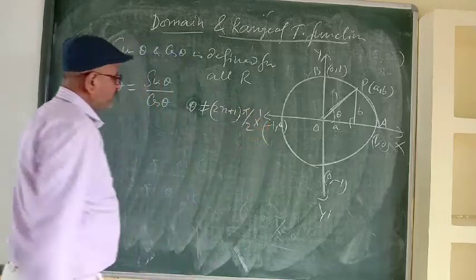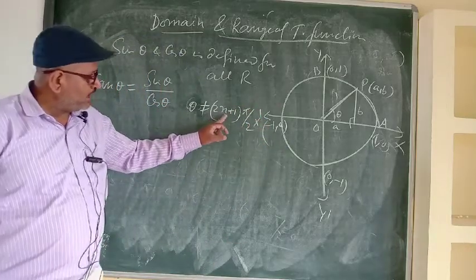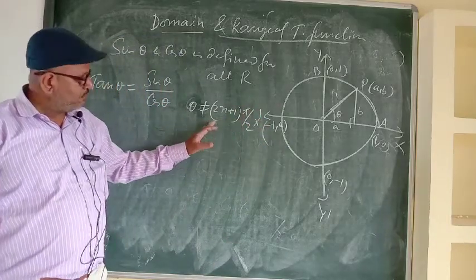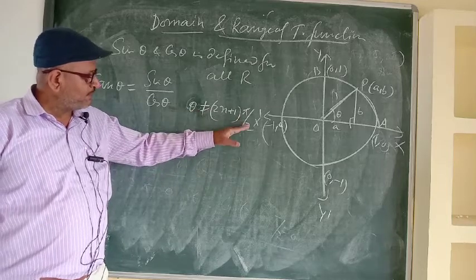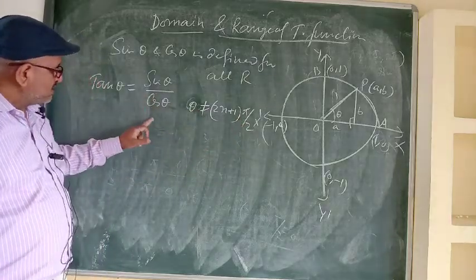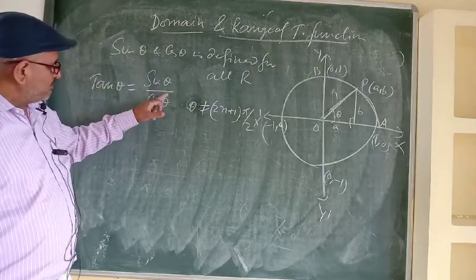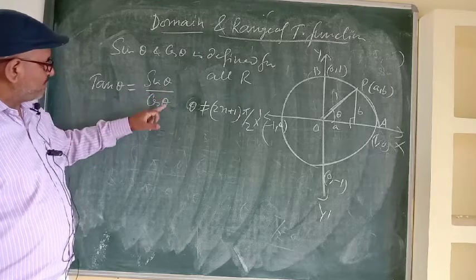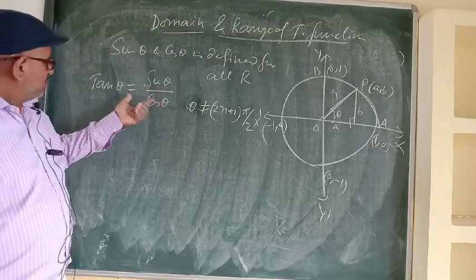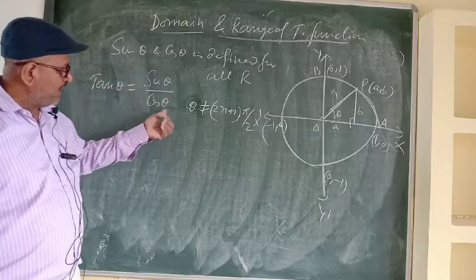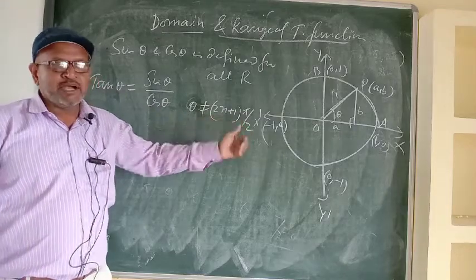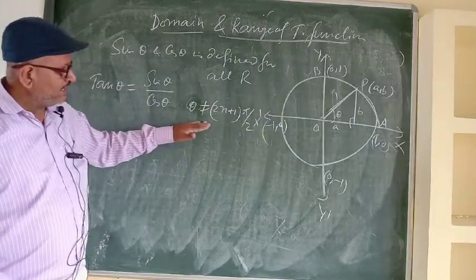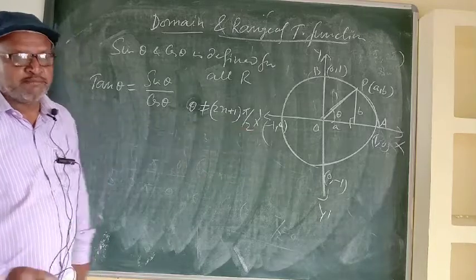Why? If theta is an odd multiple of pi by 2, I have told you, then cos theta will be 0. And if the denominator is 0, then sin upon 0 will be undefined. So tan theta is not defined for odd multiples of pi by 2. So all the real numbers except odd multiples of pi by 2.